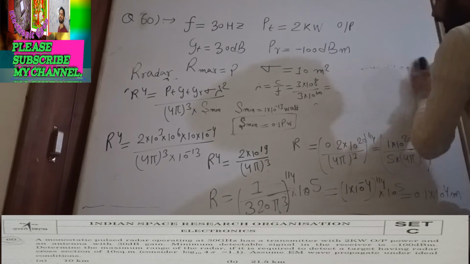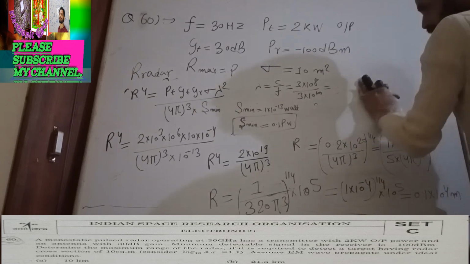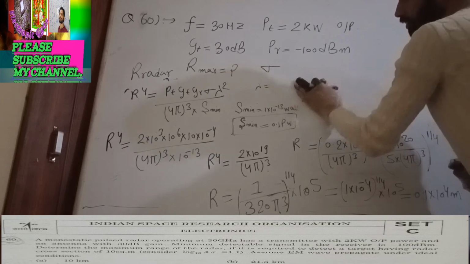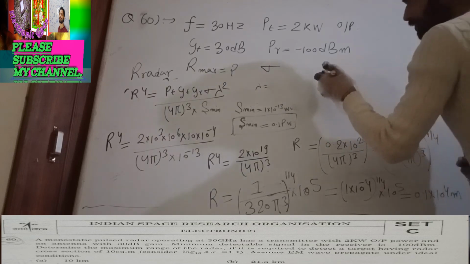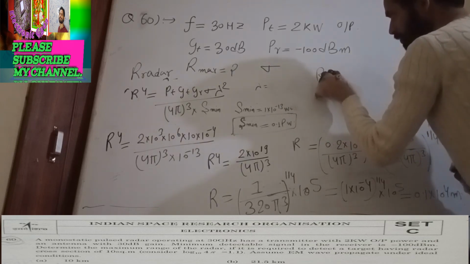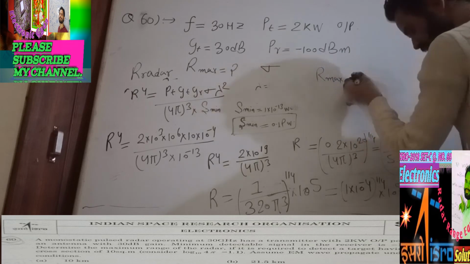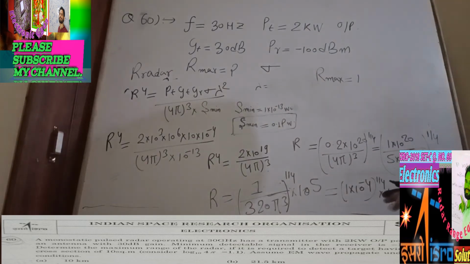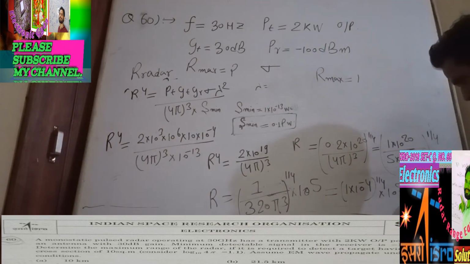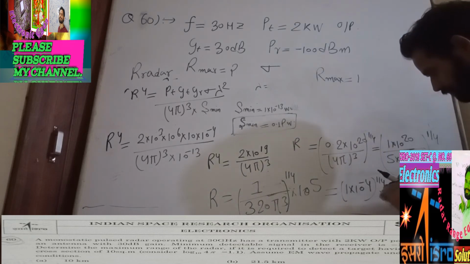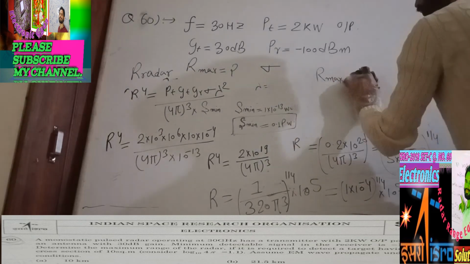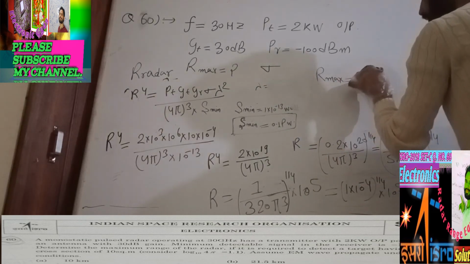Therefore the maximum range from radar to target, R maximum, is equal to 0.1 into 10 to the power 5, sorry, which is 10 to the power 4 meter.